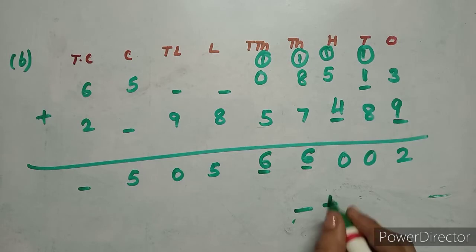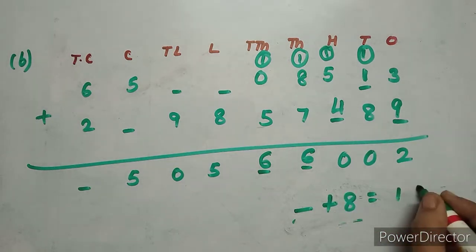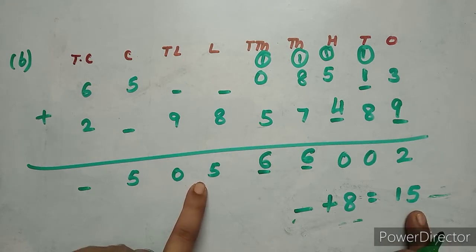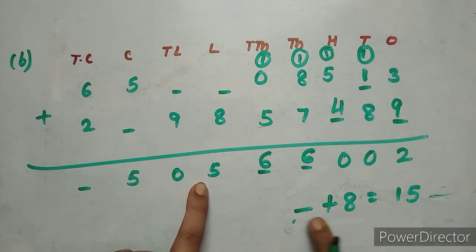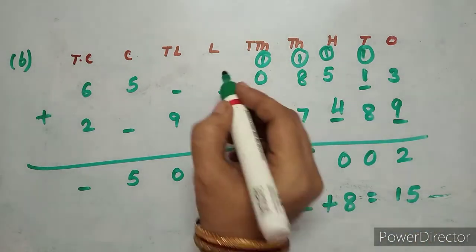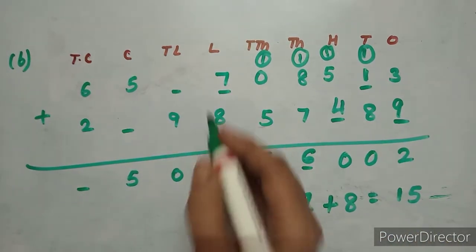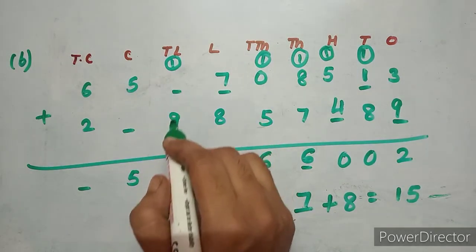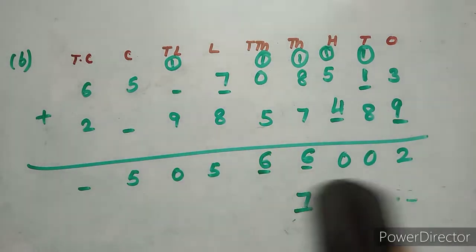Okay. Now here again you can go for lakh position where you have blank plus 8 is equal to 15. Okay, so here 5 means 15. Okay, so what you should add over here, you should add 7 to get 15. So add here 7. So 15 means you have 1 carry over here, and then you have again 1 plus blank plus 9 is equal to 10.